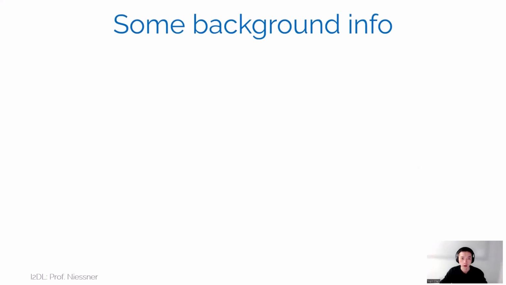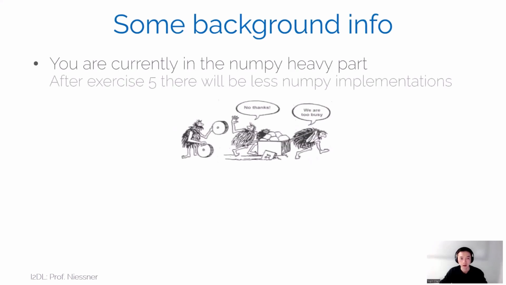So first of all, here is some background info. You may find that currently, from exercise 4, you are in a NumPy-heavy part, since you need to reinvent the pillars of deep learning. It means you basically rewrite every basic part of the neural network training project.